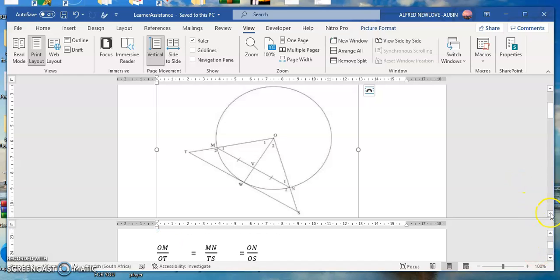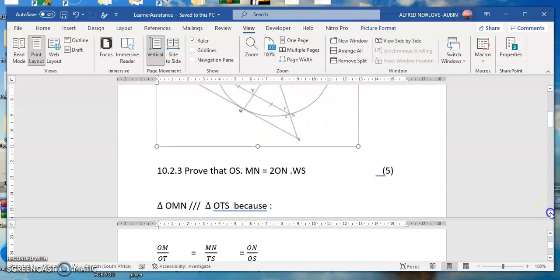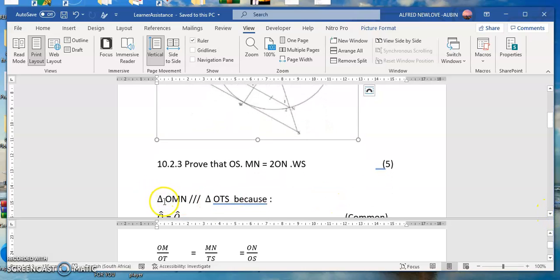You don't change the way it is written. So you start by saying OM over OT should be equal to MN over TS should be equal to ON over OS.